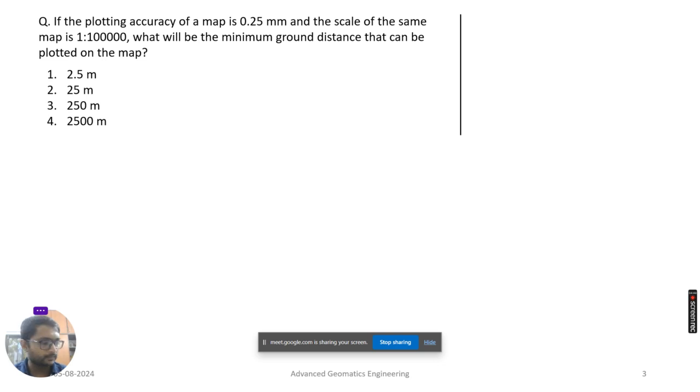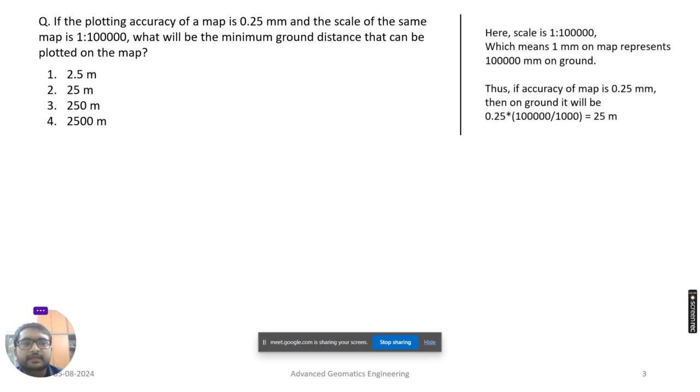So first, we will consider that 1 mm is equal to 10 raised to 5 mm. So 1 mm on the map represents 100,000 mm on the ground.